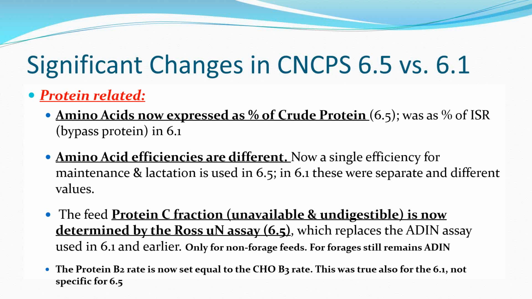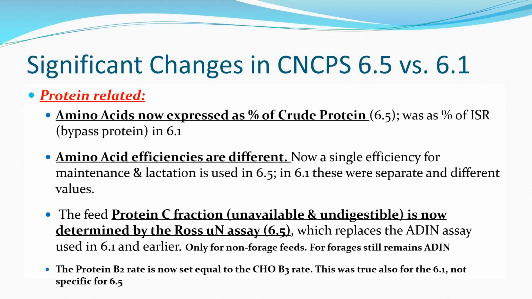And the third change here is that the unavailable and undigestible protein, the protein C fraction, can now be determined by the Ross unavailable nitrogen assay in 6.5. This replaces the use of ADIN, and it applies to non-forage feeds only.